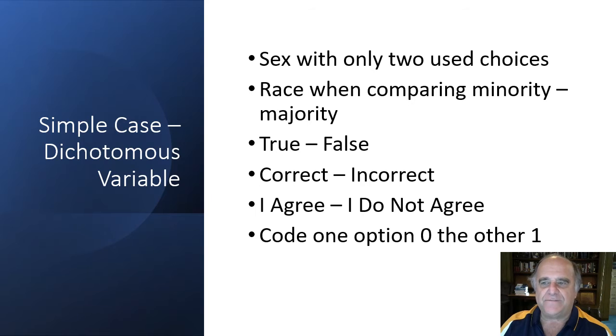But if we have more than two options for our sex variable, then the coding gets a little more complicated. As I discuss in the book, you can always turn it into a series of dichotomous variables. So for example, if you have three options, your first dummy variable would differentiate option 1 from option 2, and your second dummy variable could differentiate option 1 from option 3.